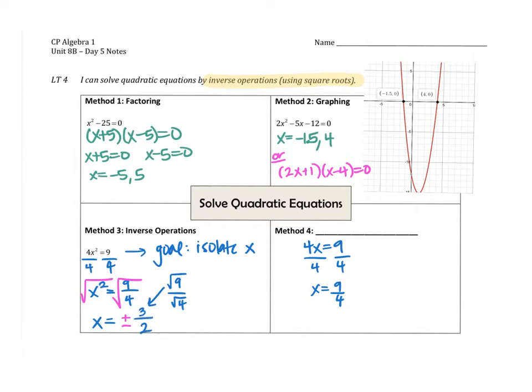Square root of 4 is 2. So by using inverse operations, notice that's 2 steps, I can get my two solutions, and this is the same thing as saying x equals a positive 3/2 and a negative 3/2. In the following videos, we're going to explore how to solve all these different problems with inverse operations.